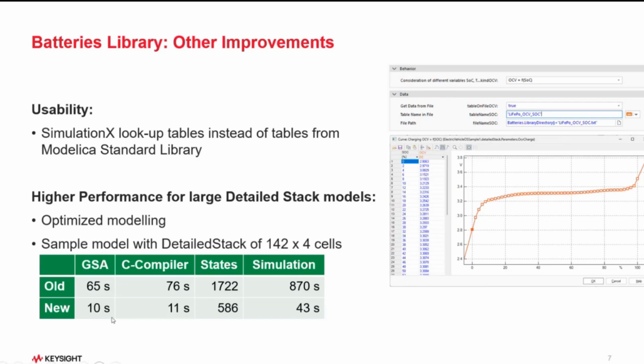We achieved an improvement of the global symbolic analysis by factor 6. If we use a solver with compilation, we also improved the compilation time by factor 6. We reduced the number of state variables by 3 for certain parameterizations, which all leads to a much gain in computation speed by factor 20.